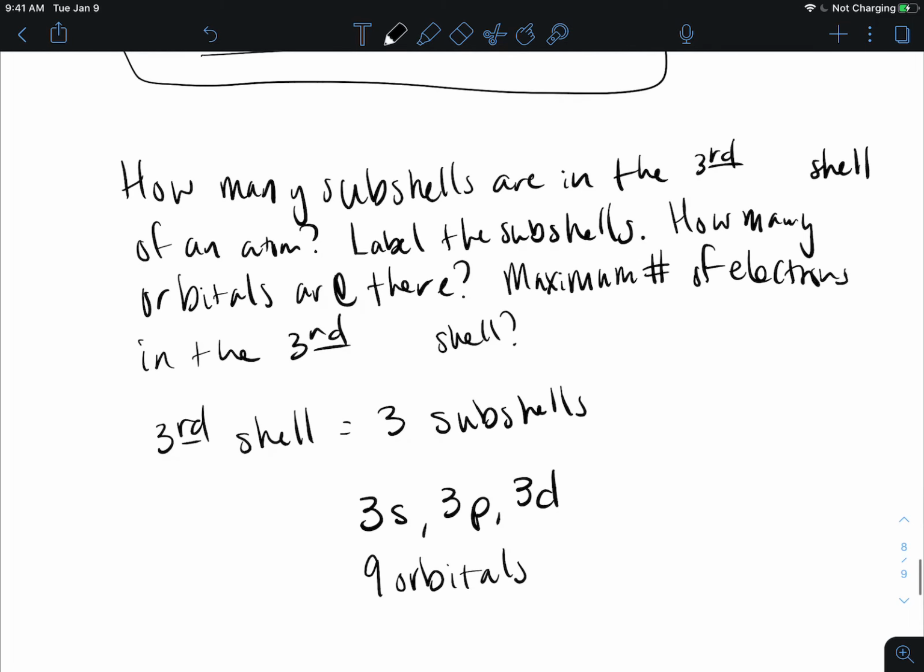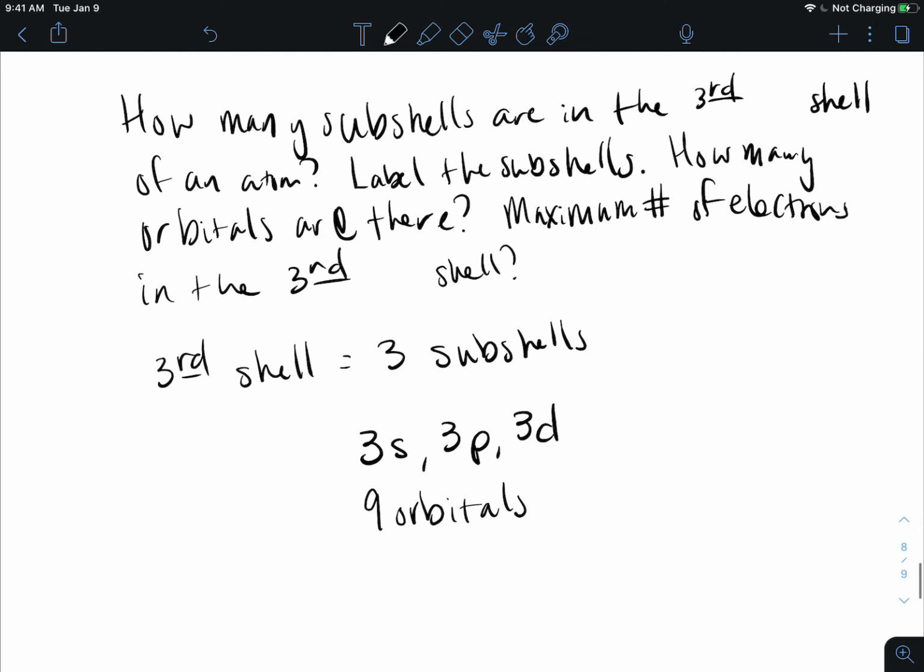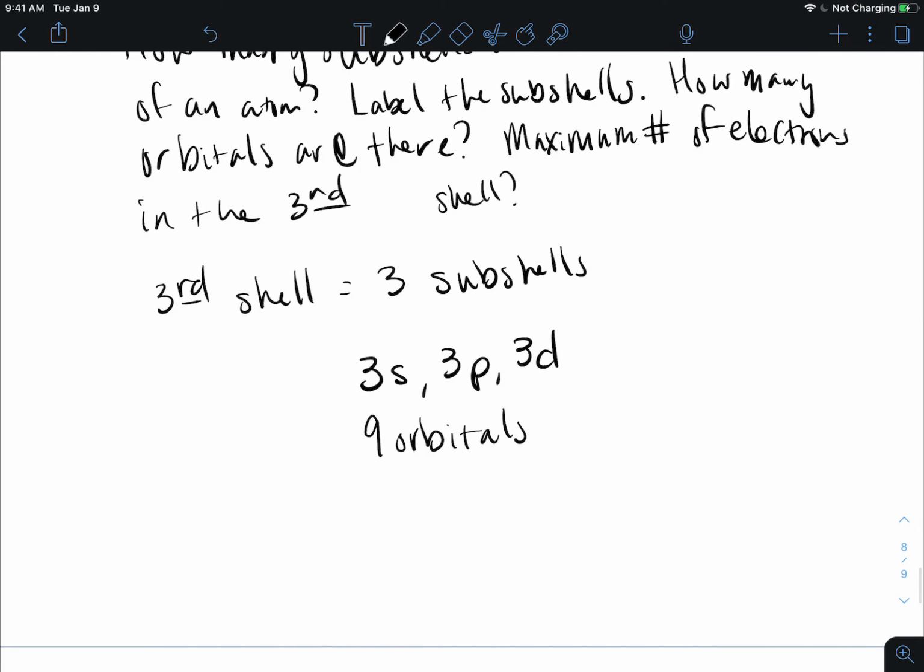And then the maximum number of electrons. Hopefully you remember from earlier that each orbital can hold a maximum of 2 electrons. So if we have 9 orbitals, we multiply that by 2, we have 18 maximum electrons.